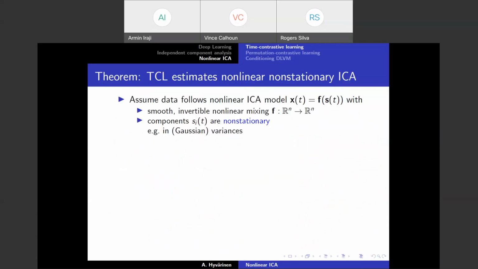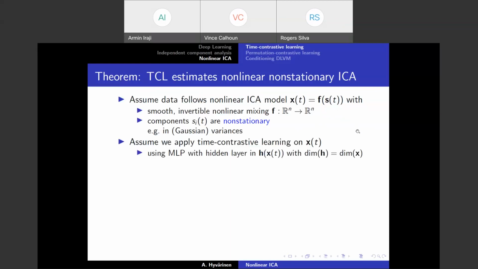The theorem says, let's assume that the data follows a nonlinear ICA model, where we have these components which are non-stationary. For example, they might have non-stationary variances, being Gaussian. And then these are mixed by a smooth and invertible nonlinear mixing F, but otherwise we don't assume anything about F. It is a completely general nonlinearity.